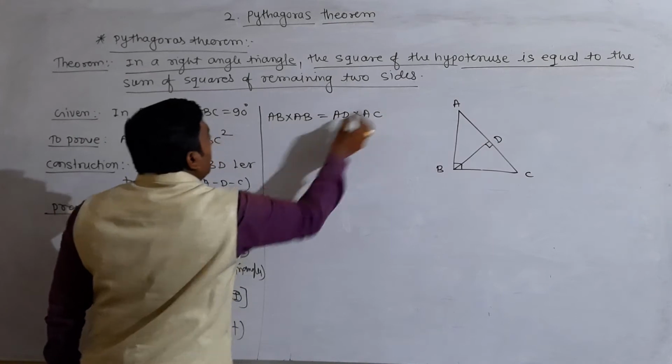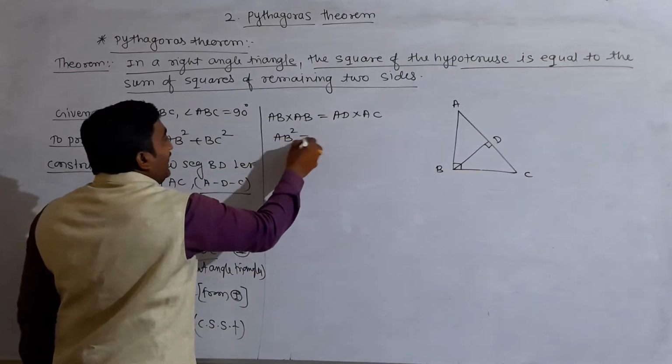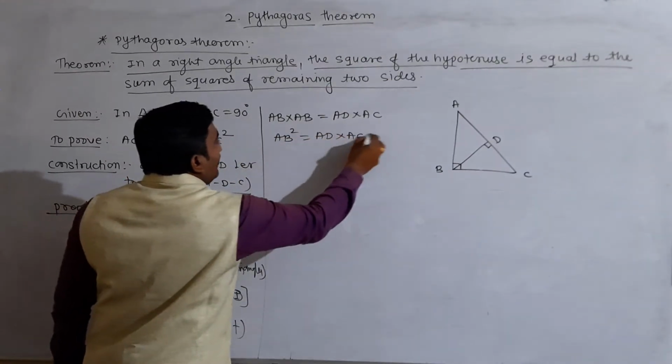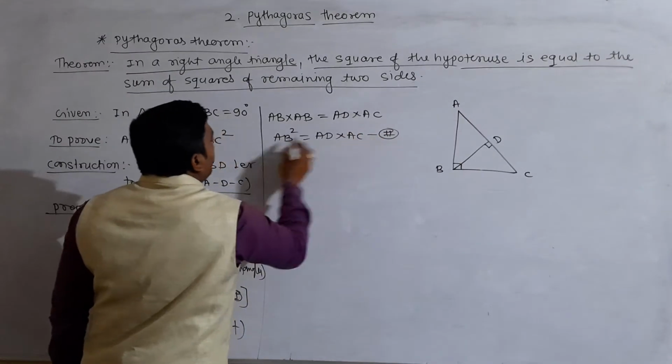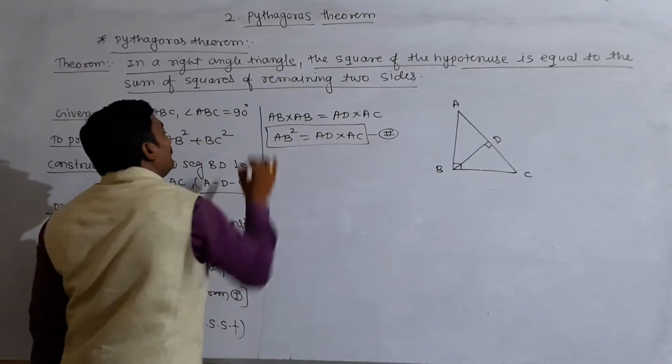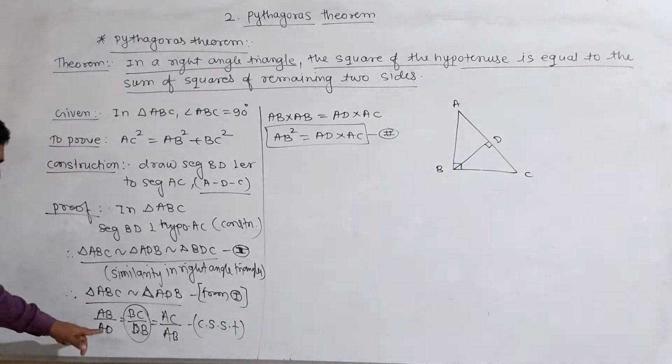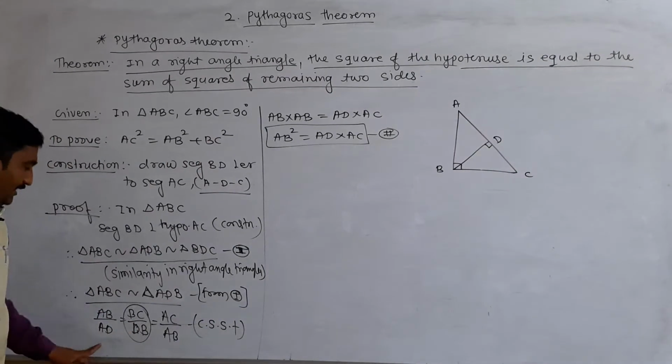Corresponding sides of similar triangles. So here we take AB into AB, AB square, is equal to AD into AC. It means AB square is equal to AD into AC. This is equation second. This is very important.